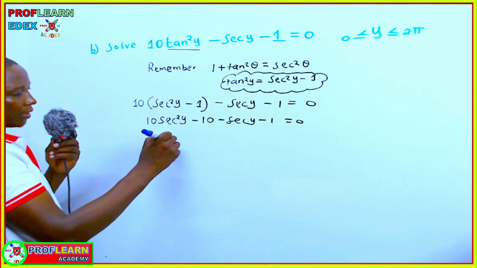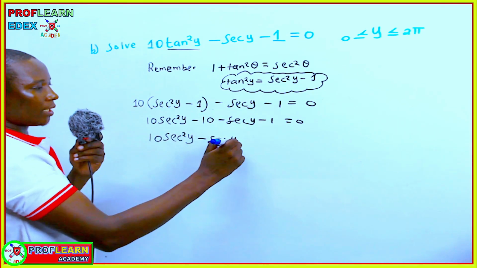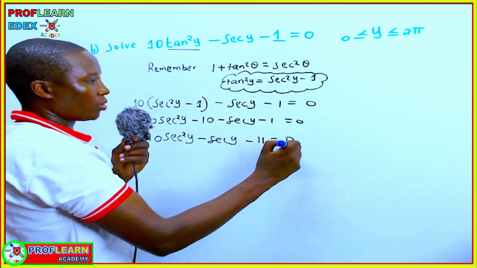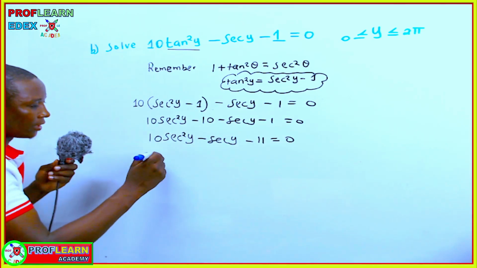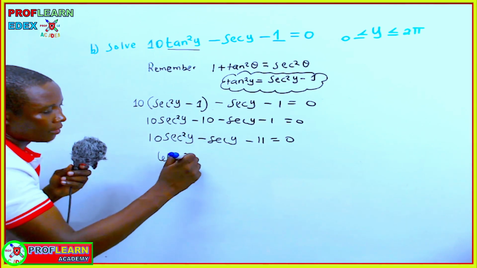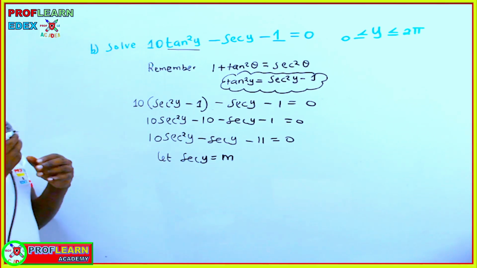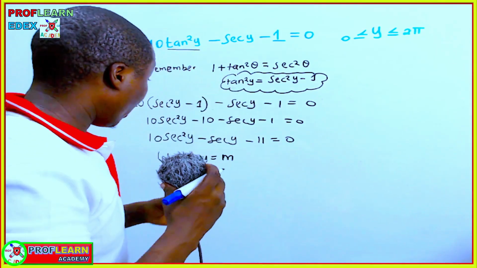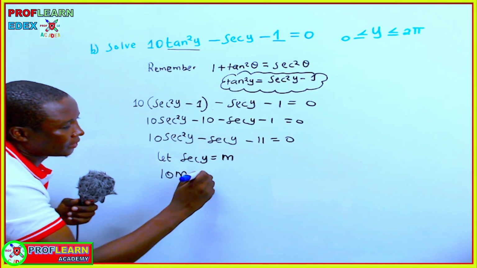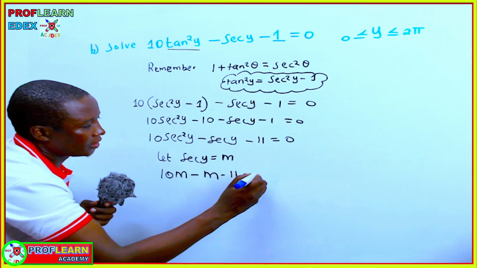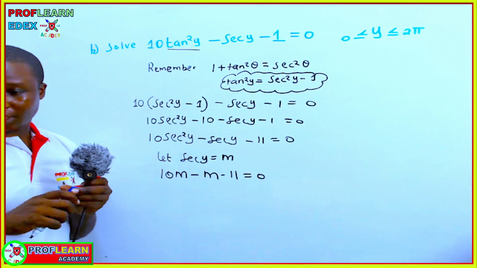This simplifies to 10 sec squared y minus sec y minus 11 equals 0. So we have a quadratic equation, and at this point I can let sec y be equal to m, so this is going to be 10m squared minus m minus 11 equals 0, so that we can solve this quadratic equation.